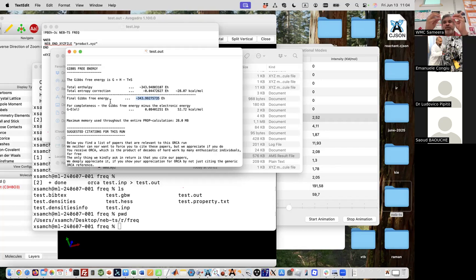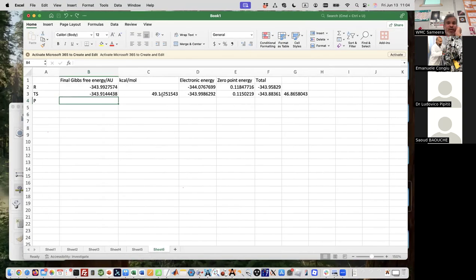And if your system is not really bulky like what we are doing here right now, the entropy effect may be very low, but still by looking at this number you can see about 2 kilocalories per mole difference. So the potential energy barrier is about 2 kilocalories per mole lower. So this is very important.